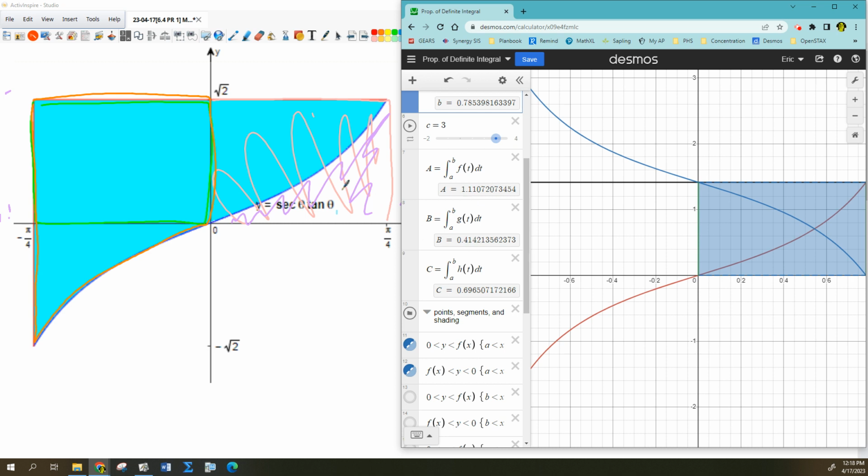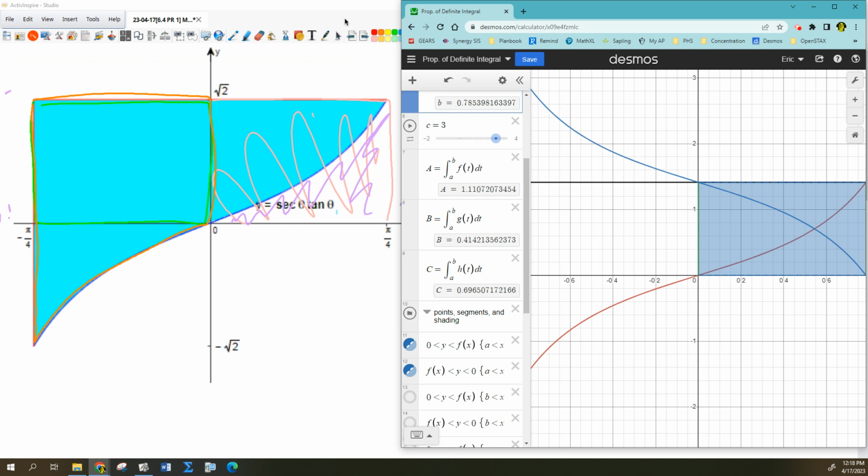The area under the blue curve now is positive 0.4142, blah, blah, blah. So when I subtract those, look, I get something slightly less than 0.7, which we see. That's a smaller area than that whole thing is, isn't it? Okay? Does that make sense? Sort of, kind of, maybe.